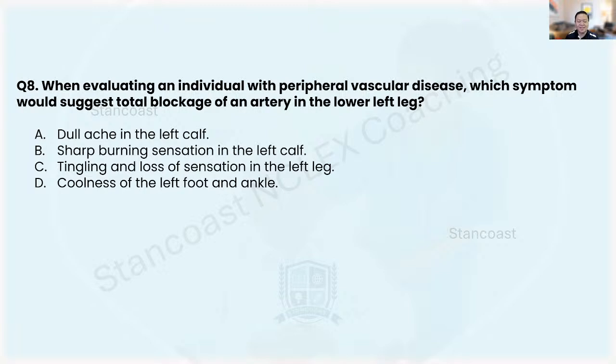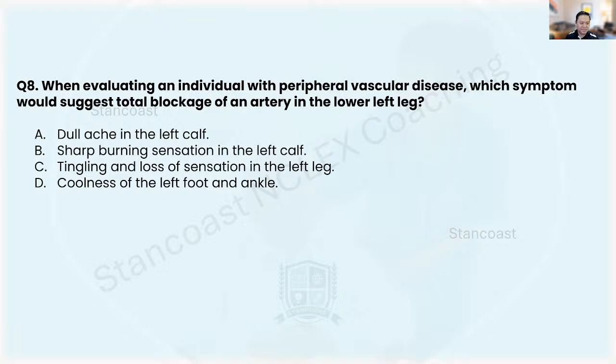Is it A, dull ache in the left calf, B, sharp burning sensation in the left calf, C, tingling and loss of sensation in the left leg, and D, coolness of the left foot and ankle?